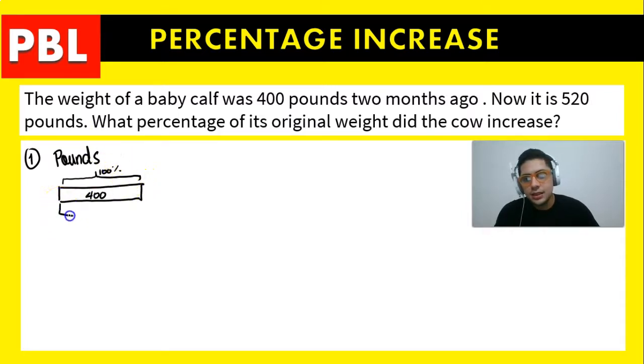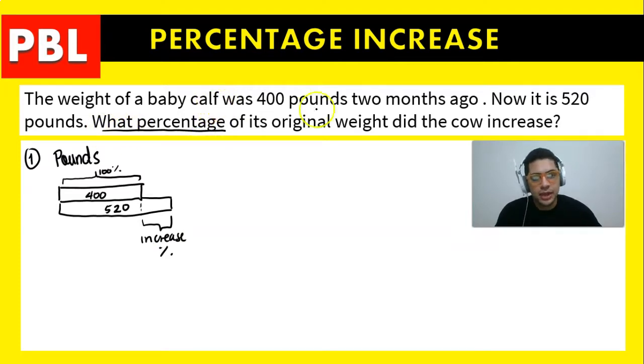Now, the calf's weight is going to be 520 pounds, which means that there is an increase, and that is what they're asking us. What percentage of its original weight did the cow increase? So we know that the first part is going to be the 100%, and that was 400 pounds, and the increase is of 120 pounds.